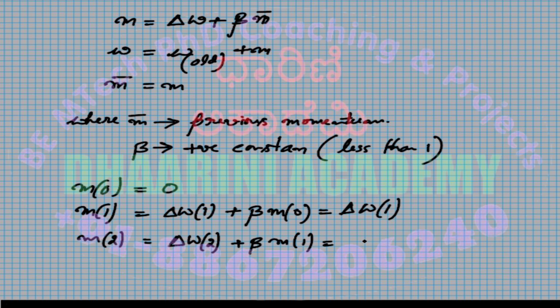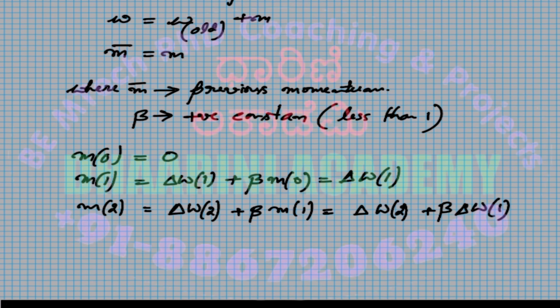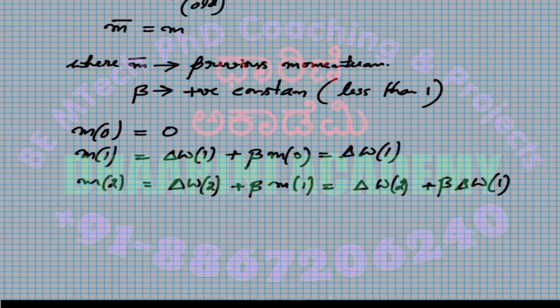You can substitute that now. So this is delta w2 plus beta into m of 1. m of 1 is delta w1. All right, let's write another one or two more values so that we can trace out what exactly is going to happen over here.